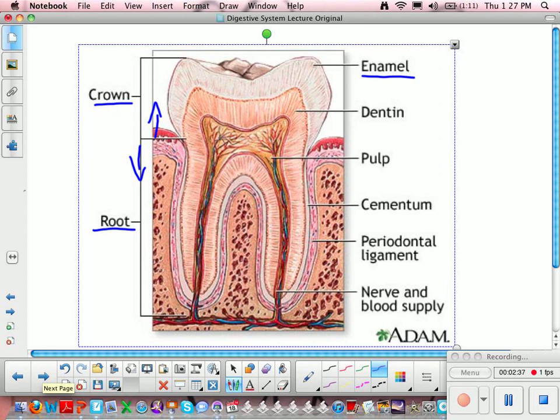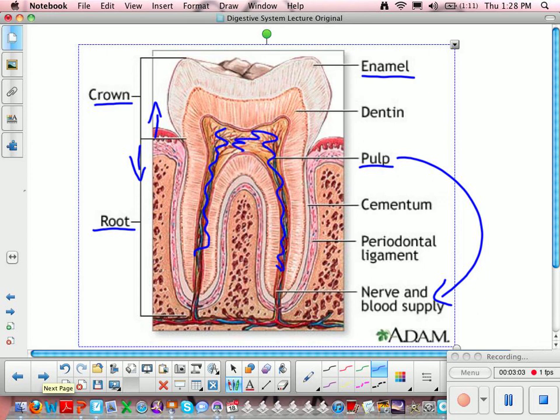The third layer is the pulp. The pulp of the tooth is what holds our nerves, blood vessels, nerve supply. When you get a root canal, that pulp is what is removed. So root canal will remove that pulp area, so your tooth won't hurt anymore.